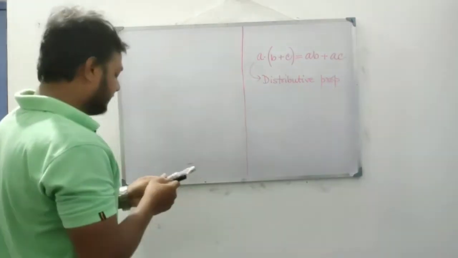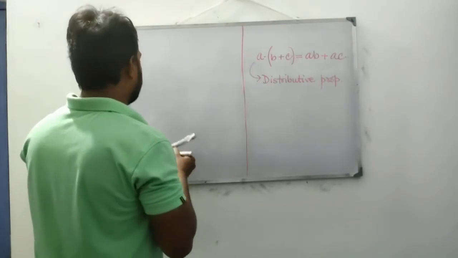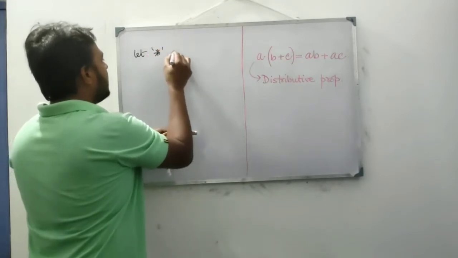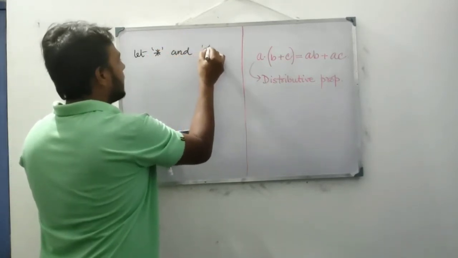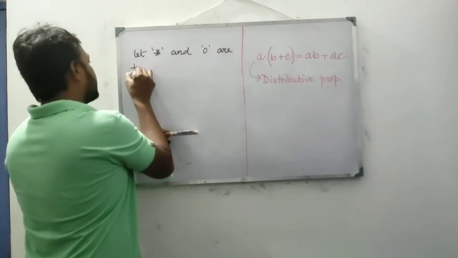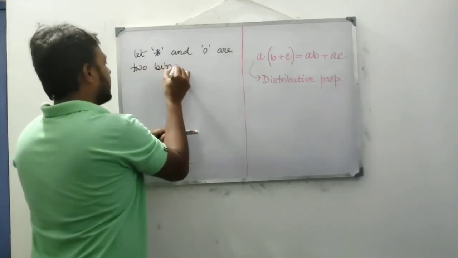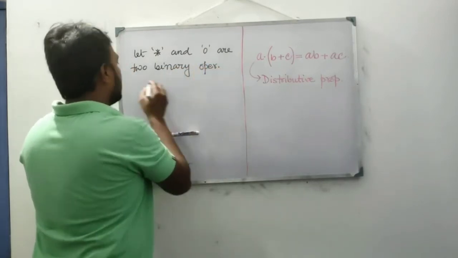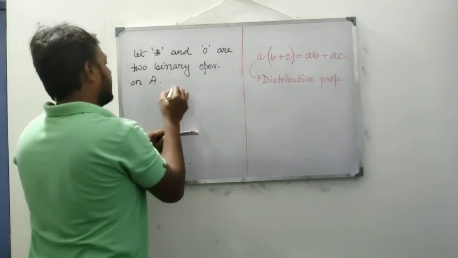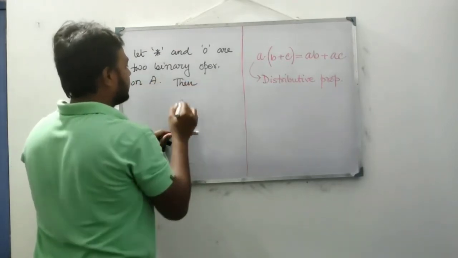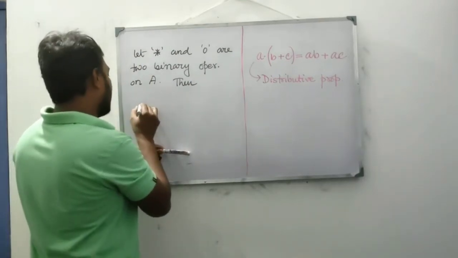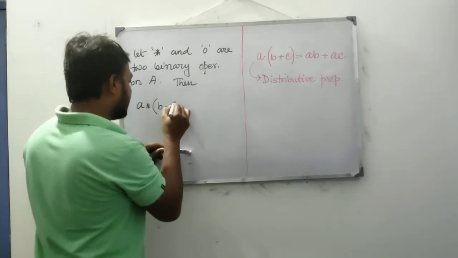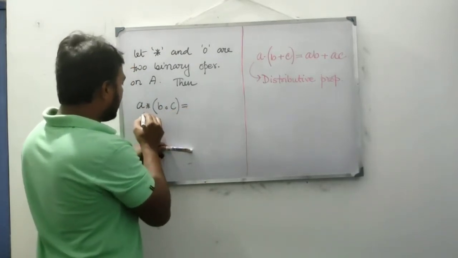So if we discuss this distributive property in the case of binary operation, then we have to consider two binary operations. So I am considering here, let star, this is one binary operation, and compose, these are two binary operations on A. Then A star (B compose C) equals, we just have to distribute.